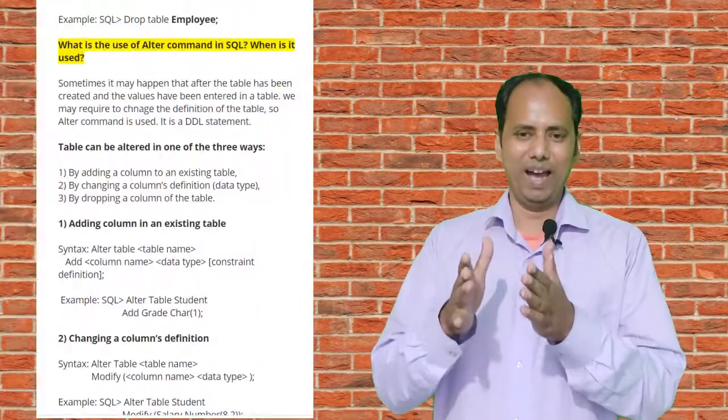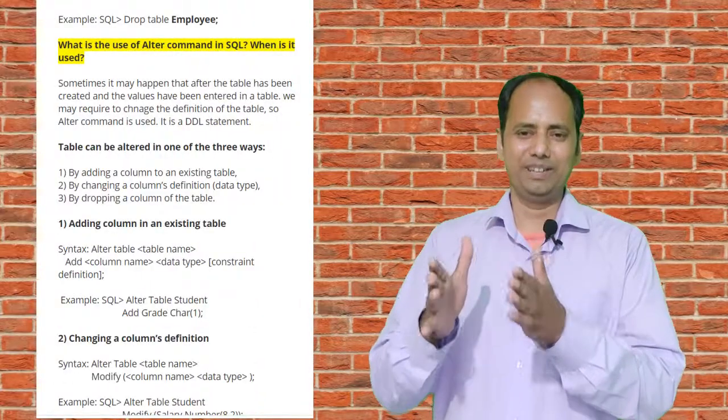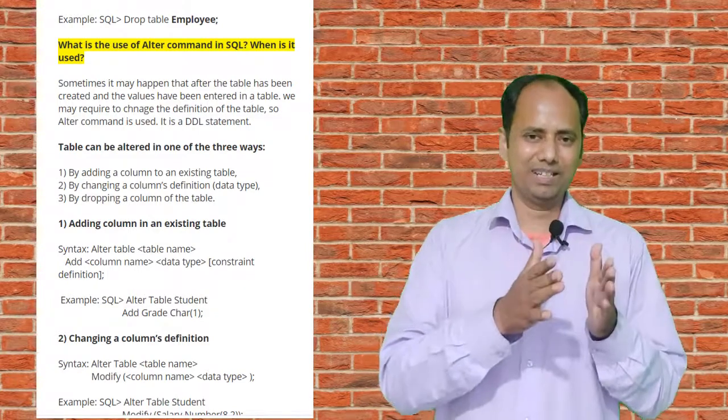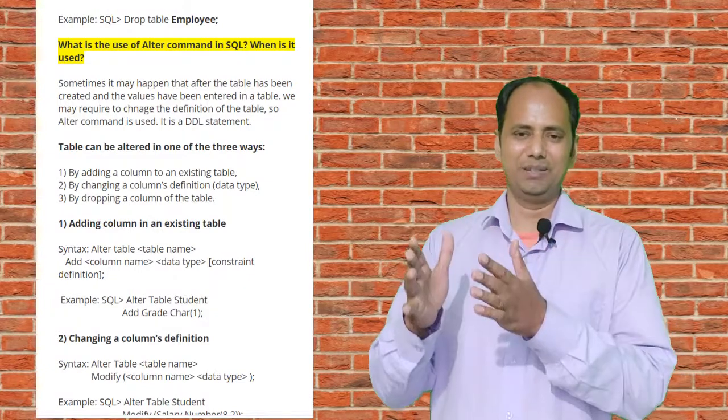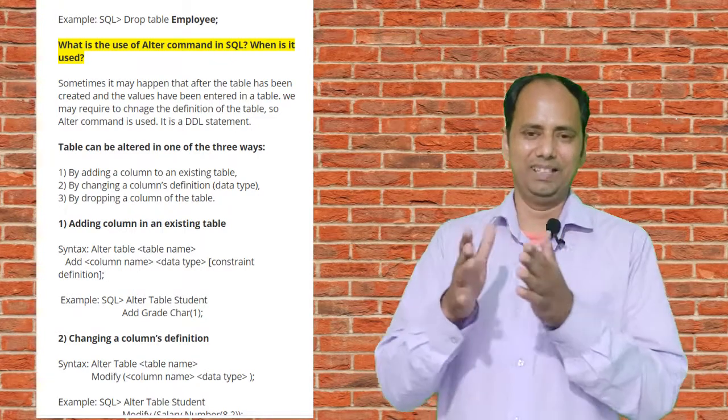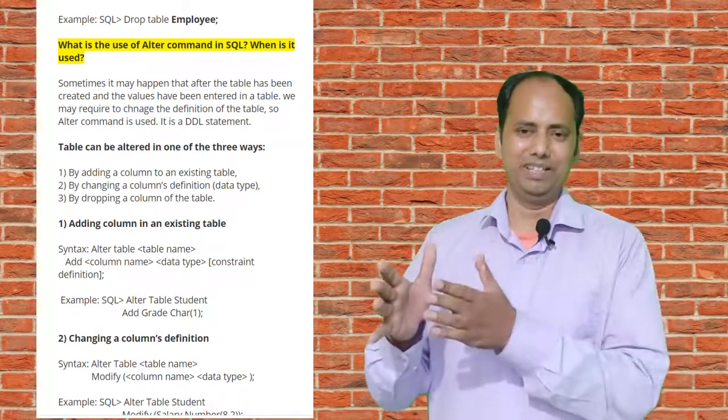First of all, we will talk about using the alter command for adding a new column in an existing table. We will write alter table and table name, and we will use add and column name and then data type.